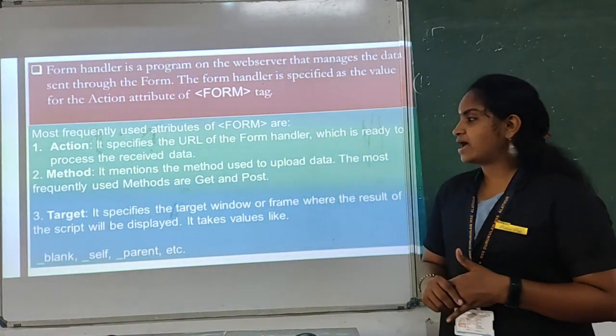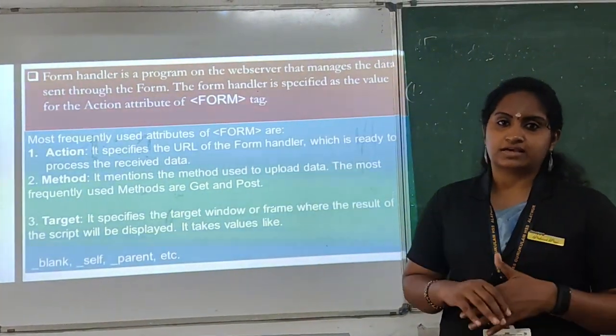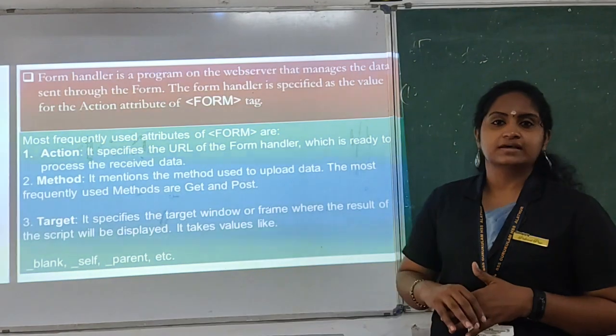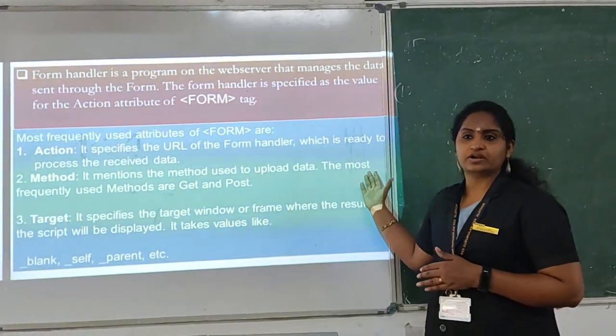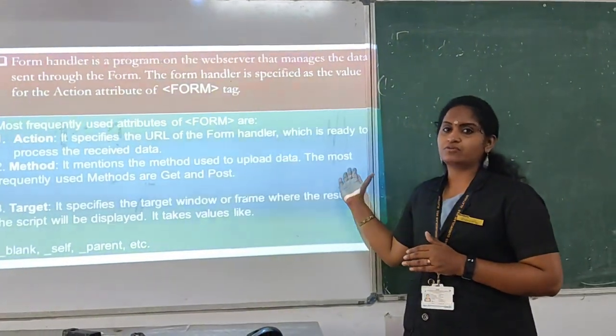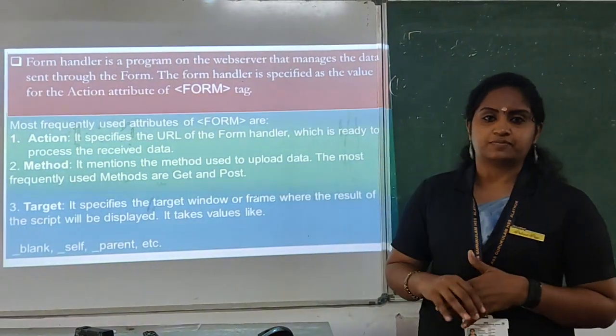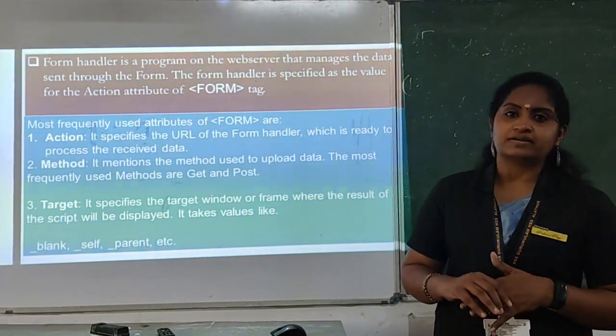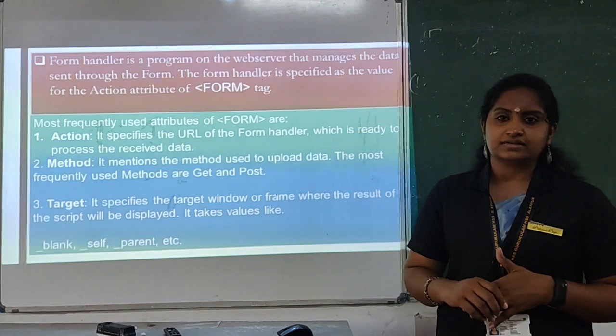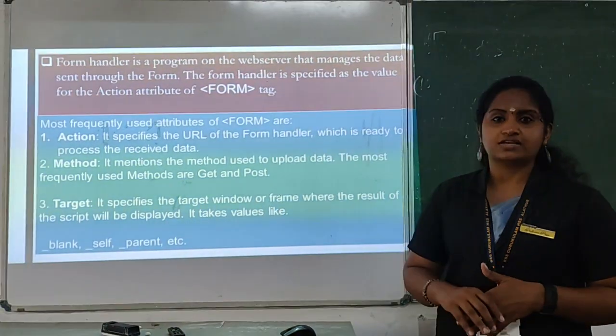And another one is target. So the target, we have already said what the sections are. If it is target blank, it will display in a new window. While you are downloading some content, if it is a PDF, it will be opened in a different window. So that option is known as blank.